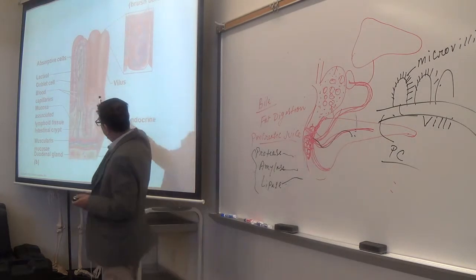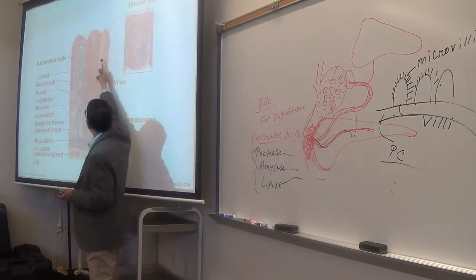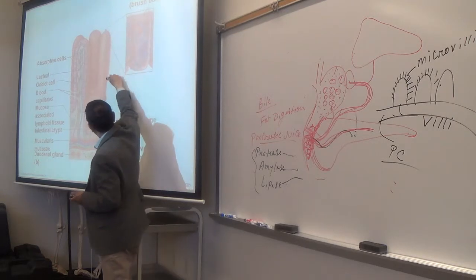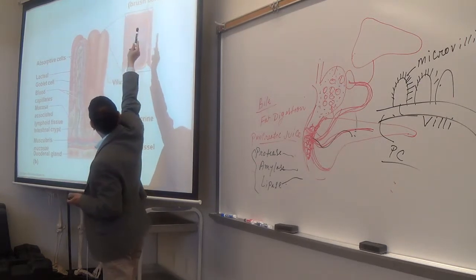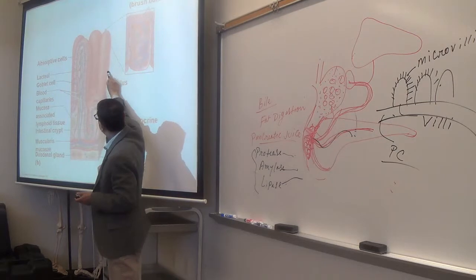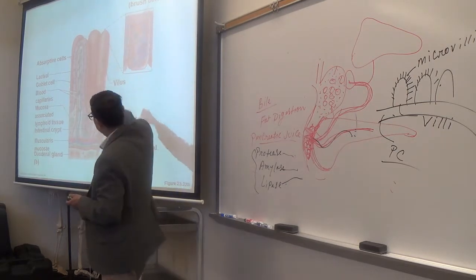So you see, these are finger-like structures, villi, and if you see the surface of the villi, you see many microvilli. It's not shown here, it's very microscopic.